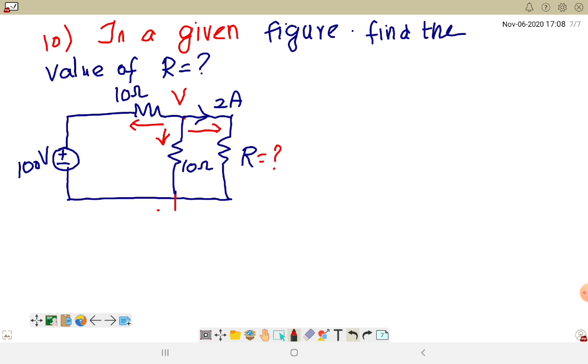Next, here I have to mark the reference node. Reference node has 0 potential. Next I am going to write the equation using KCL, Kirchhoff's current law. So see here, first V, negative to positive, so this current opposes this one.